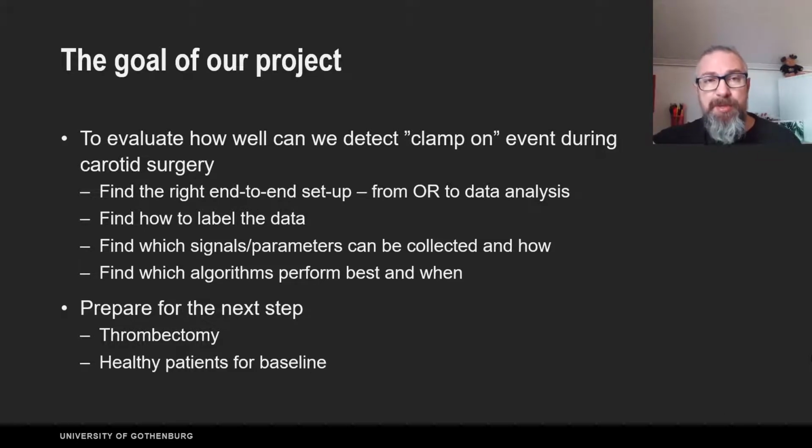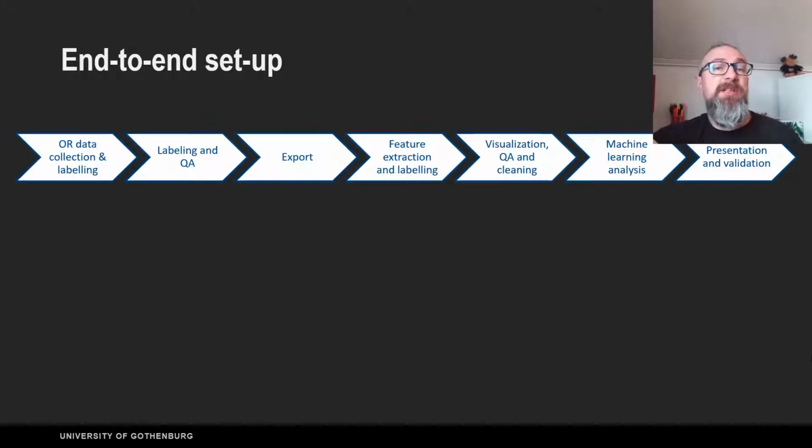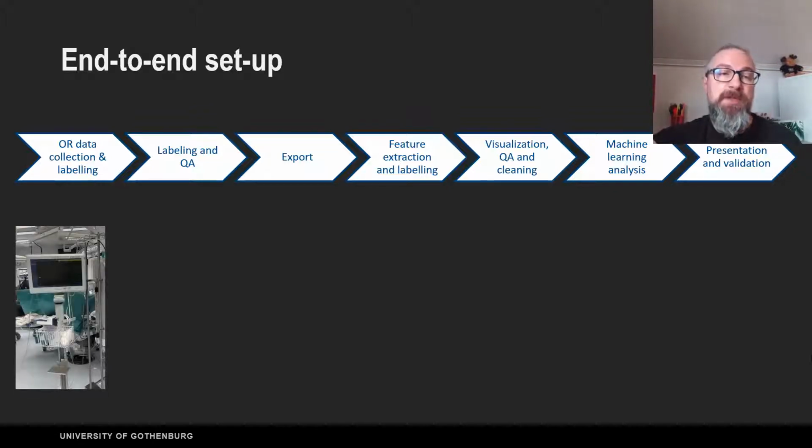So in this particular paper, we created an end-to-end setup that started with the data collection at the operating room, labeling of the data and quality assurance. We used a specific piece of equipment, which is called a Moberg monitor. You can see that in the figure here. That Moberg monitor is used to collect all the signals from one patient during the entire procedure, and also mark the events during the surgical procedure.